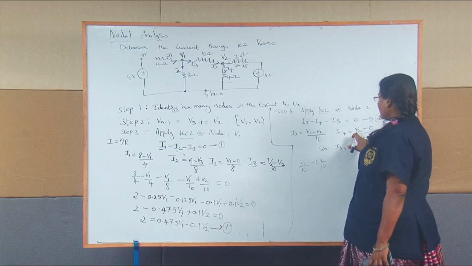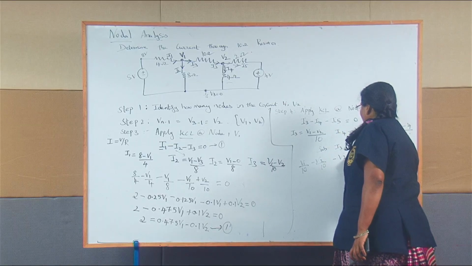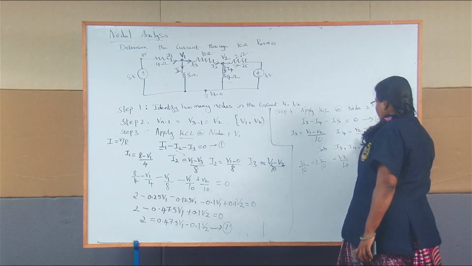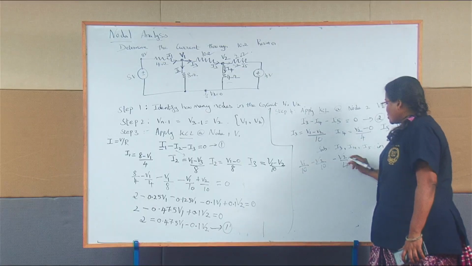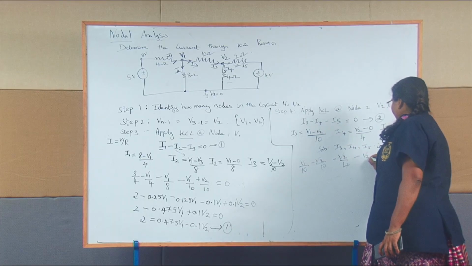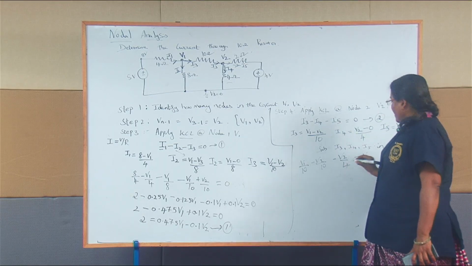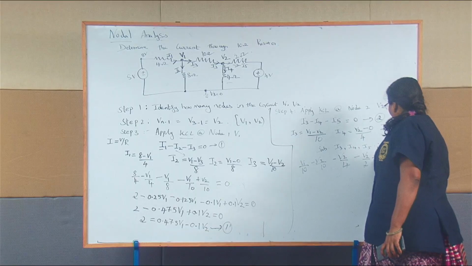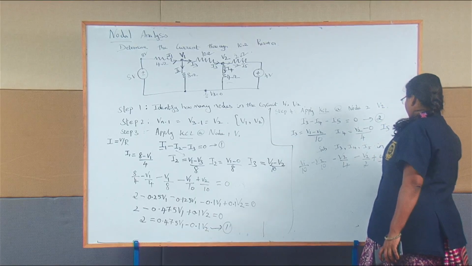Then minus I4. So, here V2 is there. So, minus V2 by 4. 0 by 4 will become 0, we need not bother about this. So, V2 by 4, then minus V2 by 2. This minus and minus will become plus 4 by 2 equal to 0.